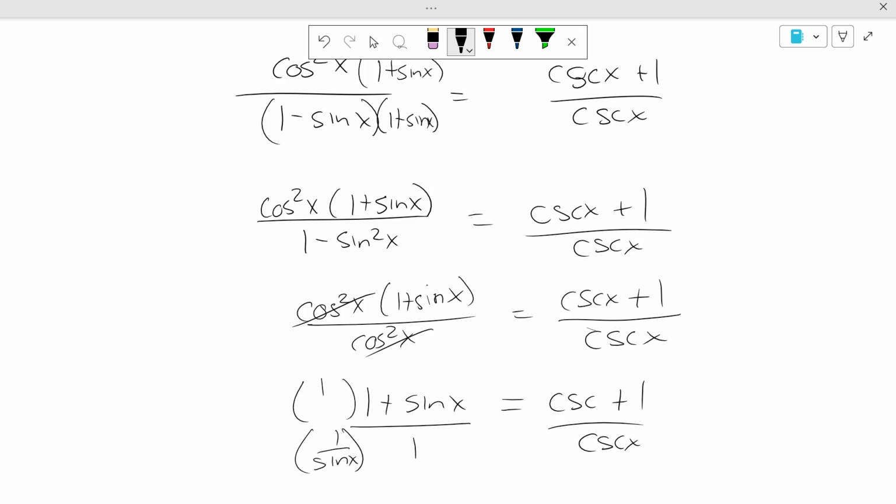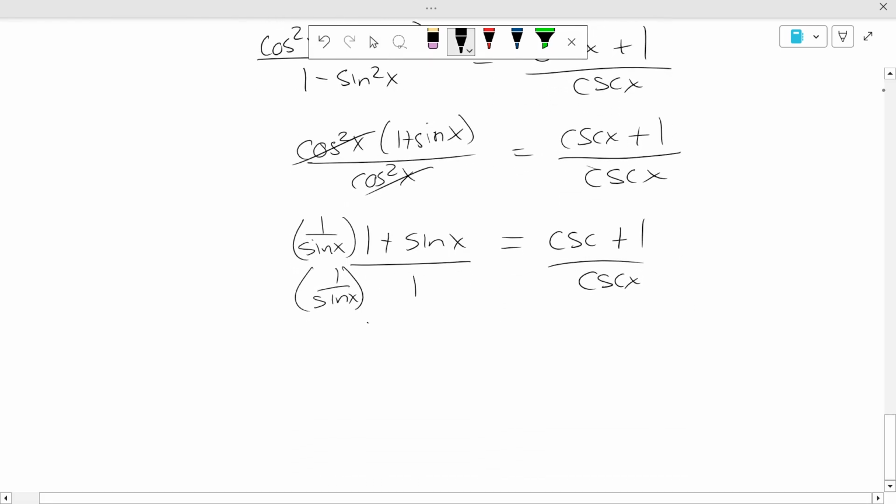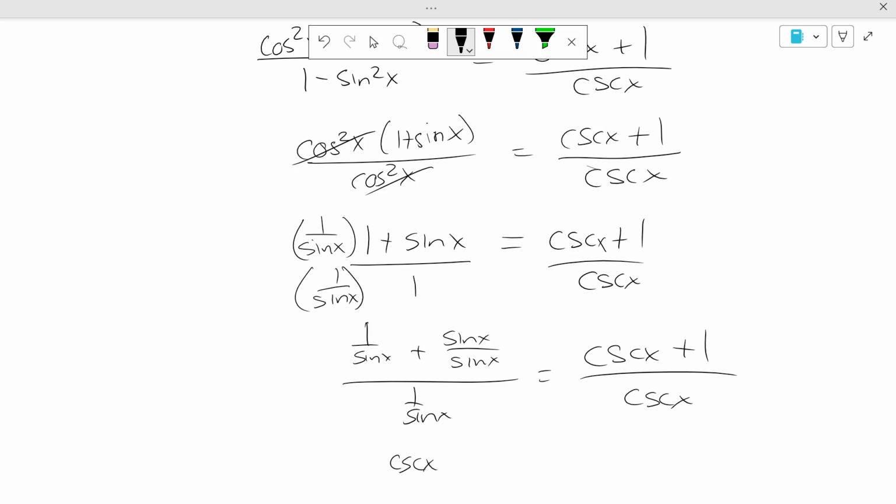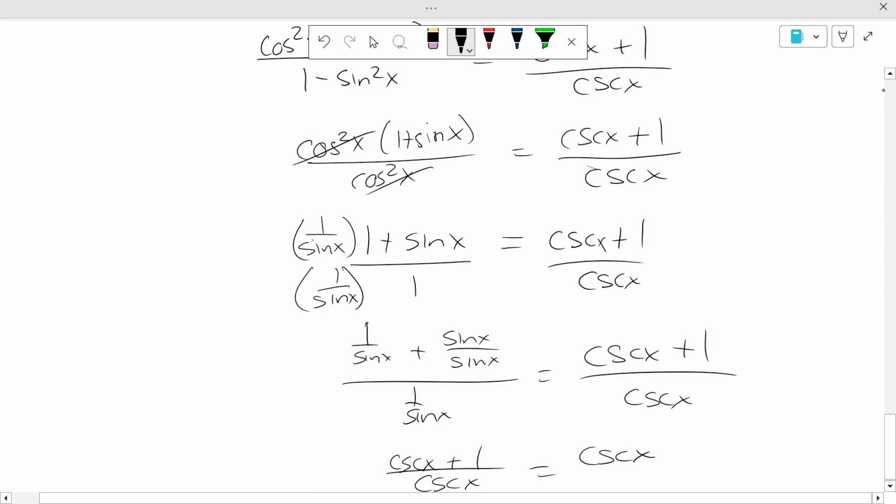And if I multiply my numerator by 1 over sine of x, then I get 1 over sine of x plus sine of x over sine of x over 1 over sine of x. And we all know that 1 over sine of x is equal to the cosecant of x. Easy.